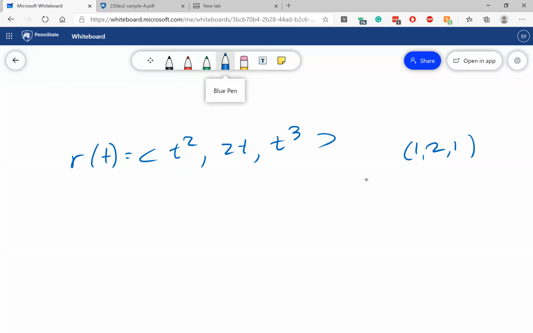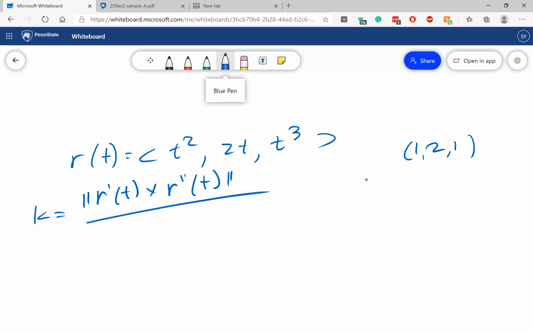First thing that we need is to know what r prime is and what r double prime is. After that, we're just going to use the formula that the curvature is equal to the magnitude of r prime of t cross r double prime of t, divided by the magnitude of r prime of t cubed. So r prime of t, and at this point t is equal to 1.